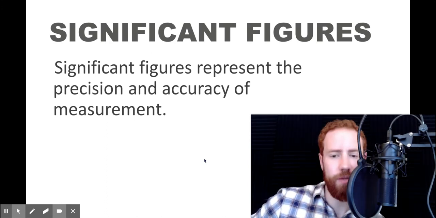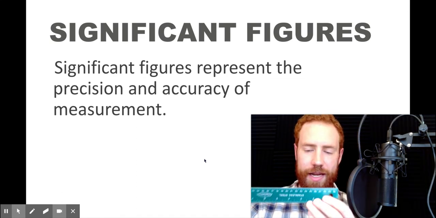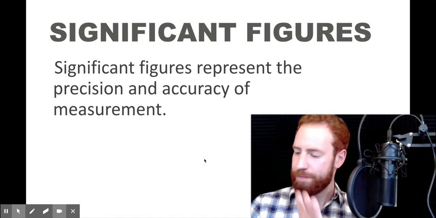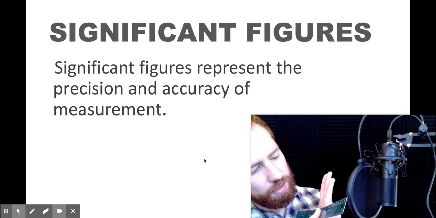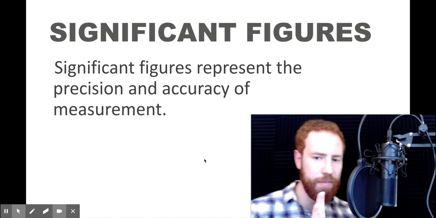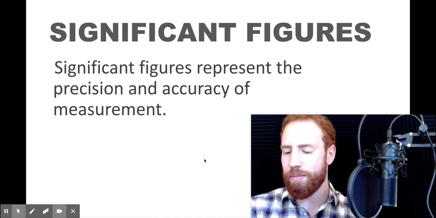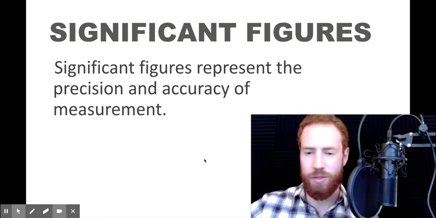Now, if I actually used a calibrated measuring device, like if I got a ruler here and I used this to measure my hand span, I would see that my hand span is 21.12 centimeters.